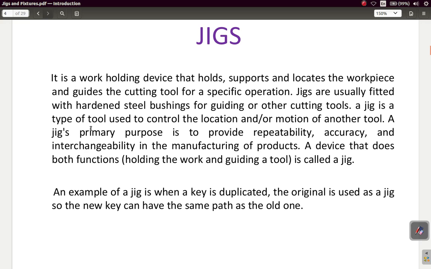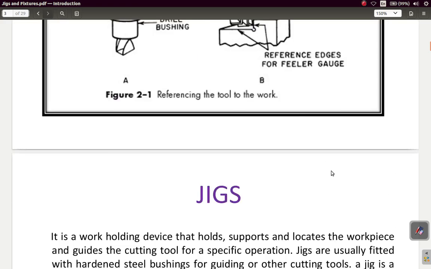A jig is a type of tool used to control the location and or the motion of another tool. A jig's primary purpose is to provide repeatability, accuracy, and interchangeability in the manufacture of products. A device that does both functions, holding the work and guiding the tool, is called a jig.